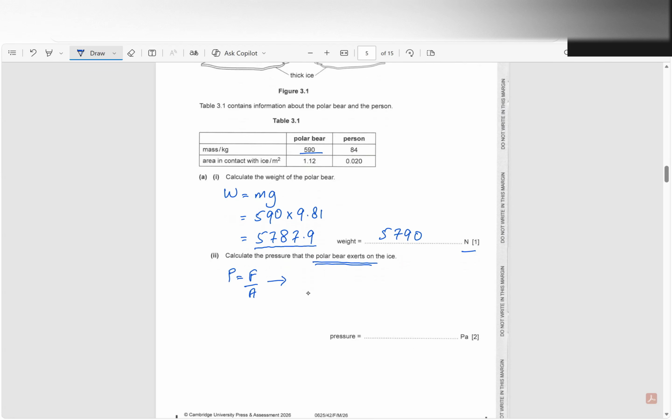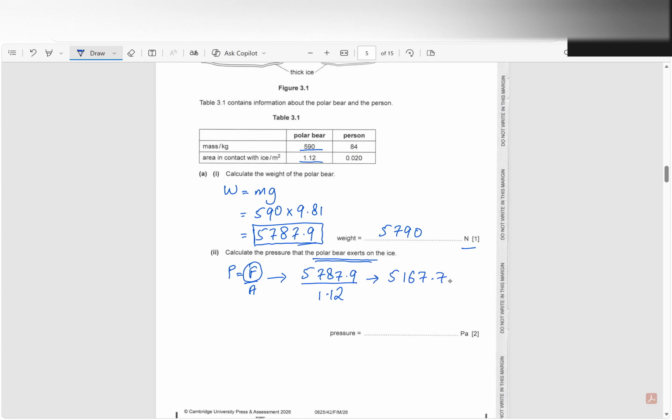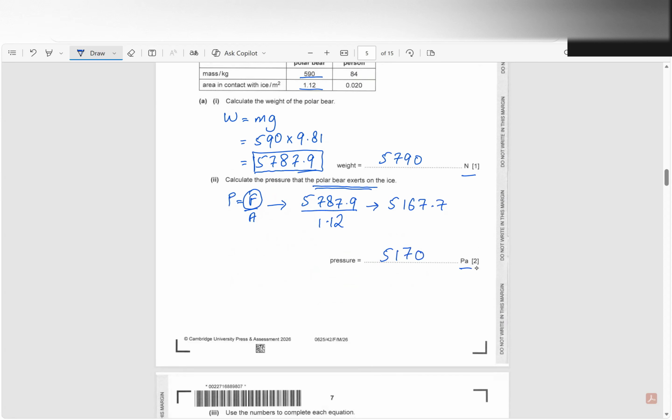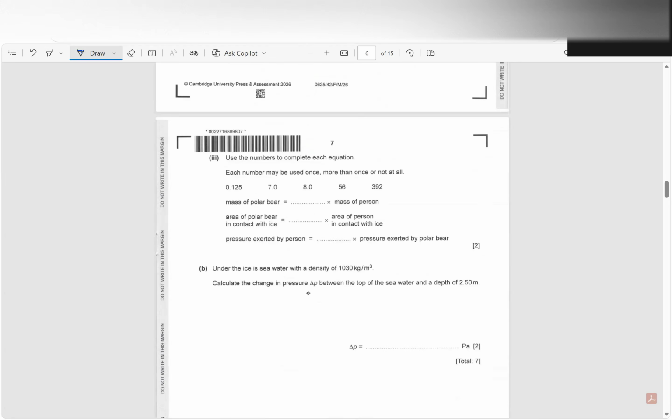We're simply going to say that force is equal to the weight that we calculated in the previous part. So we're going to take 5787.9 and the area that is in contact is going to be 1.12. So divide the two and the answer is going to be 5167.7. We can simply write 5170 pascals.